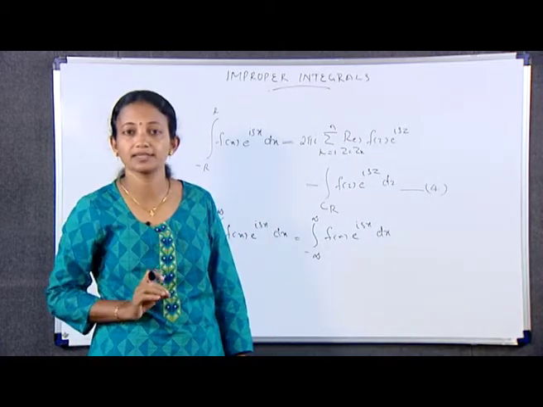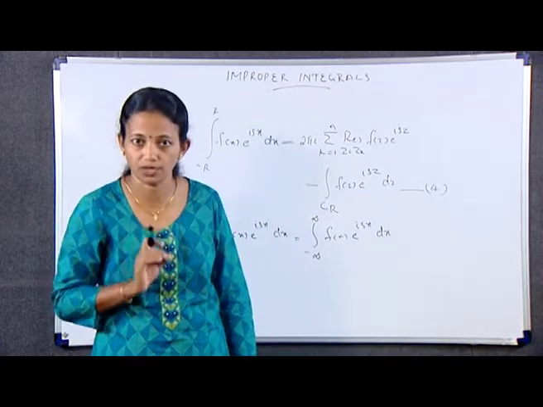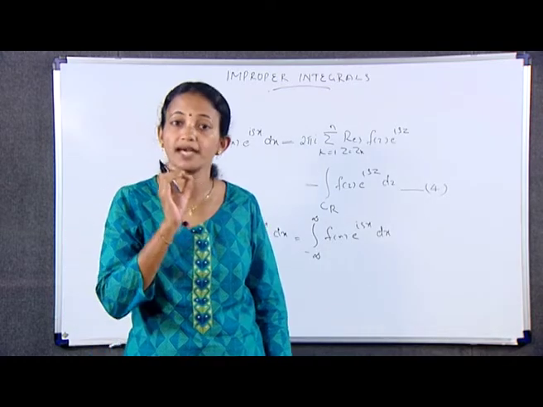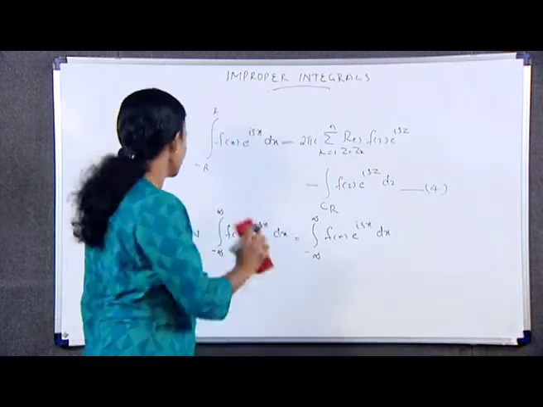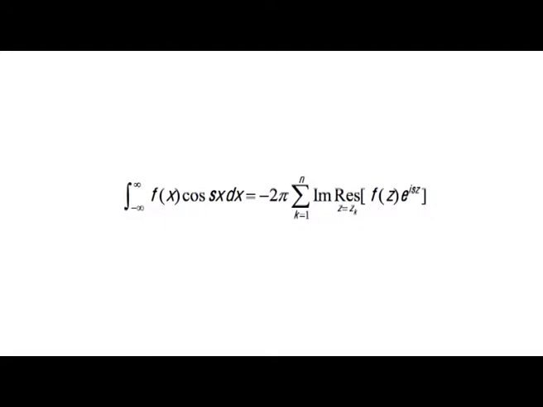Equating the real and imaginary parts on both sides of equation 5, with s greater than 0, we get the integral from minus infinity to infinity of f(x) cos sx dx equal to minus 2 pi times the sum, k from 1 to n, of the imaginary part of the residue at z equals zk of f(z) e raised to i s z.